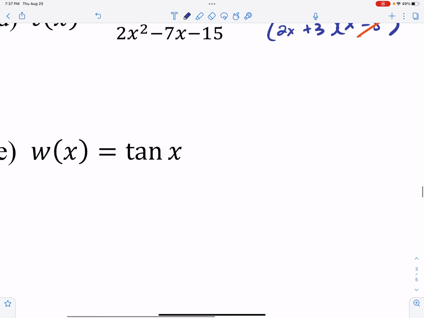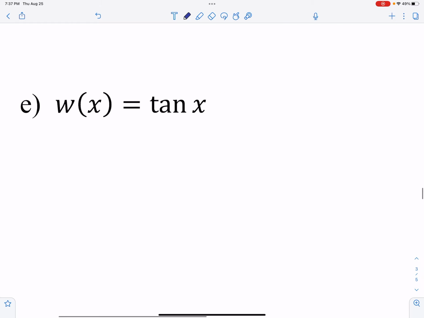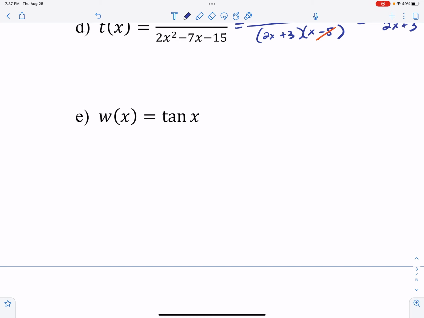And then for tangent, okay, well you have a couple options here. Tangent is a function that you should be able to recall what its graph looks like. So remember, it's a periodic function, so it repeats the same pattern forever and ever.